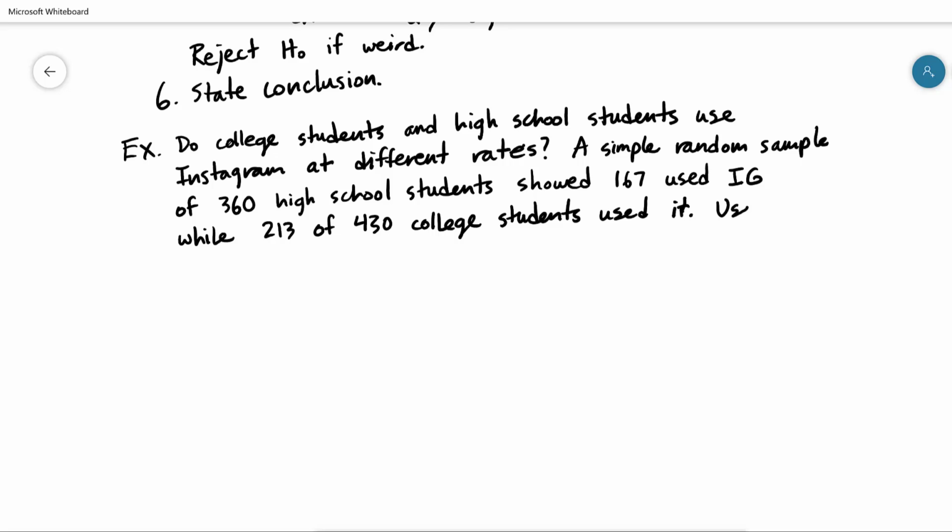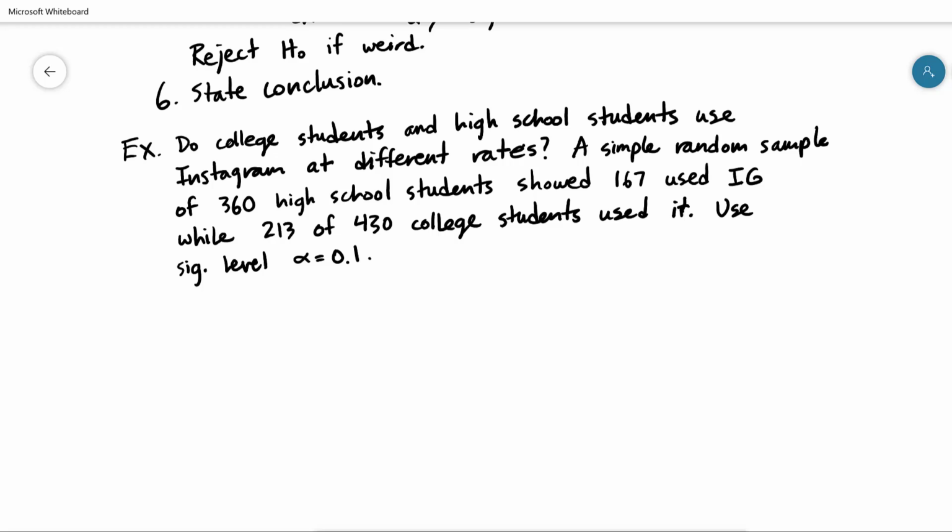And let's use a significance level that's different than some of the ones that we've done before. Let's use a significance level of alpha equals 0.1.